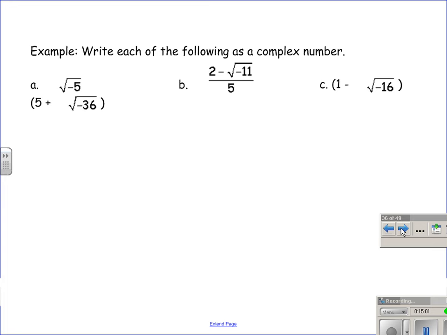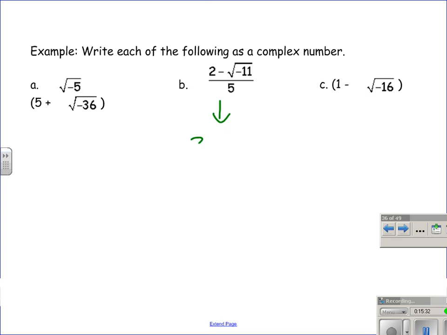Okay, now we're going to write each of these as a complex number. We're actually just going to do example B here.